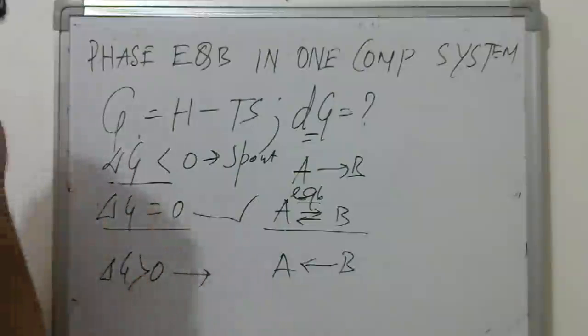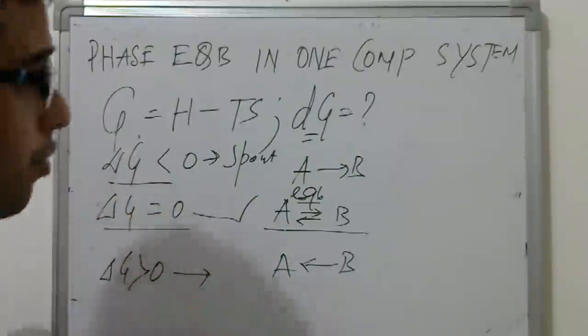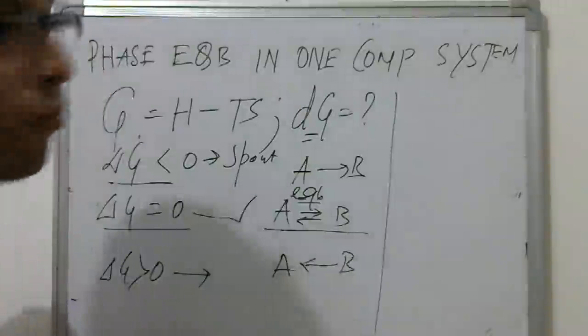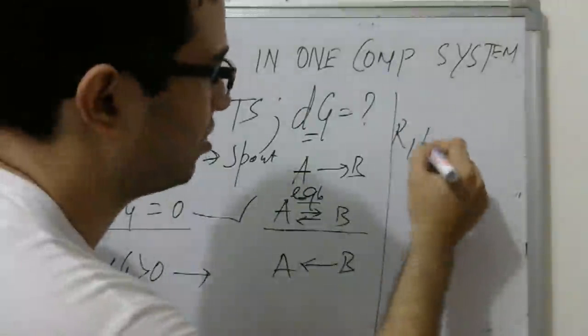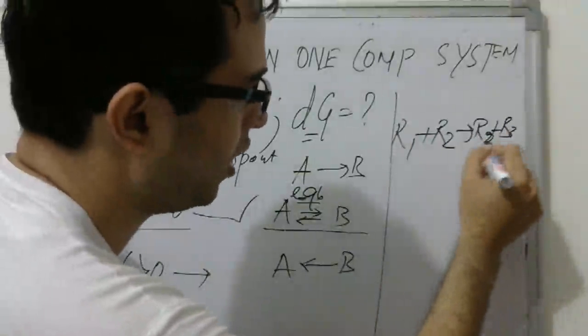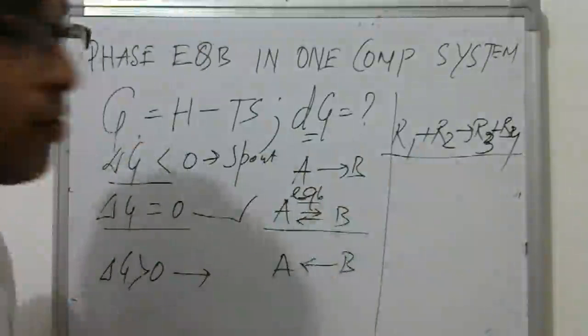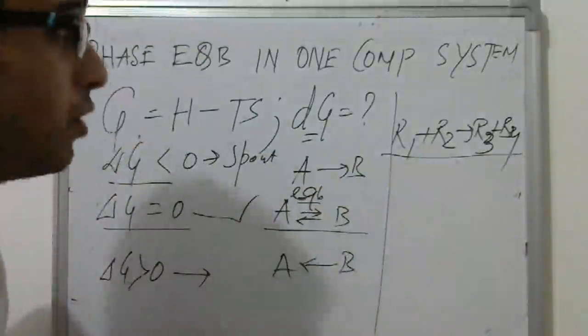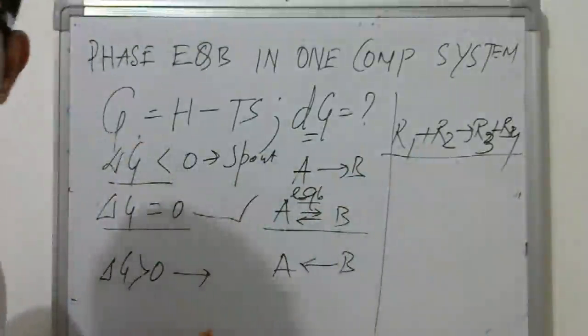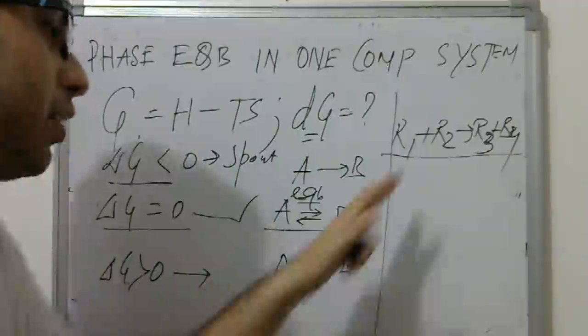For any equilibrium condition, be it a chemical reaction or a phase change, I have already talked about the two kinds of equilibrium we consider. One is the reaction, R1 plus R2 converts to R3 plus R4. These are the reactions that we talk about. Another is phase equilibrium. There is no change in temperature and no change in composition.